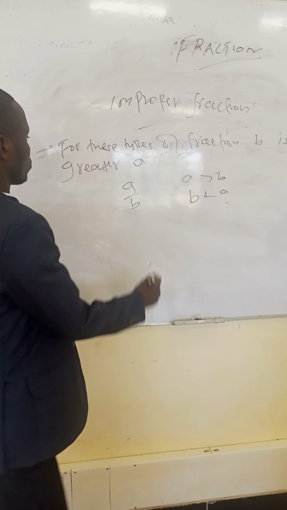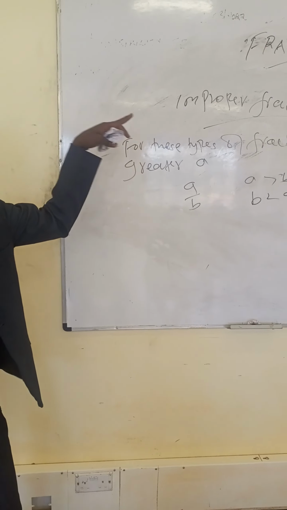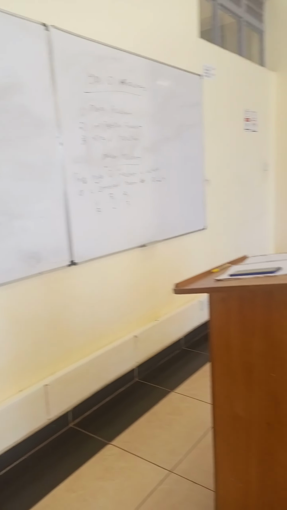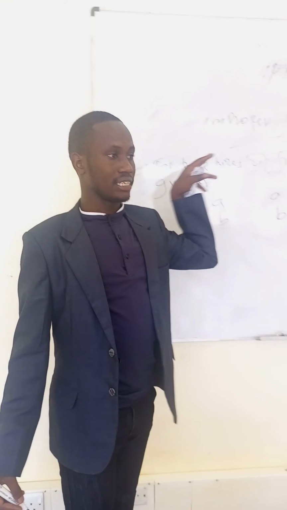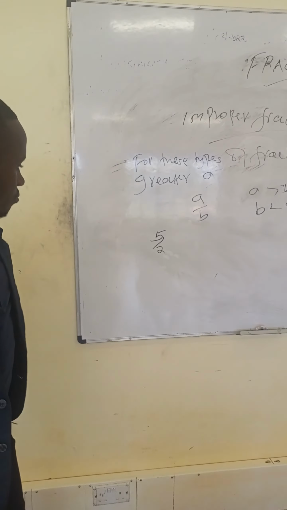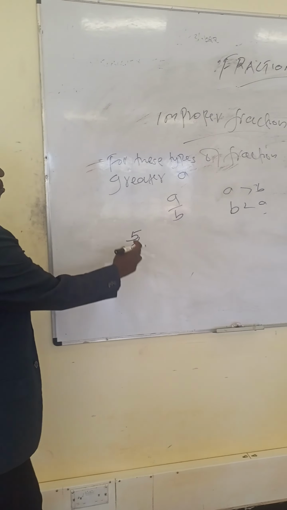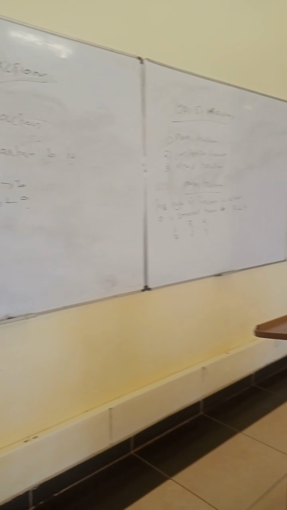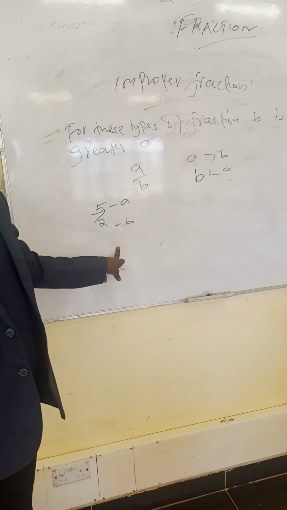Now I want us to give some examples for this particular case. Who can give us one example of improper fraction? Yes, Collins? 5 over 2. Between 5 and 2, which one is greater? This one is our A, this one is our B. So A is greater than B. Are we right?